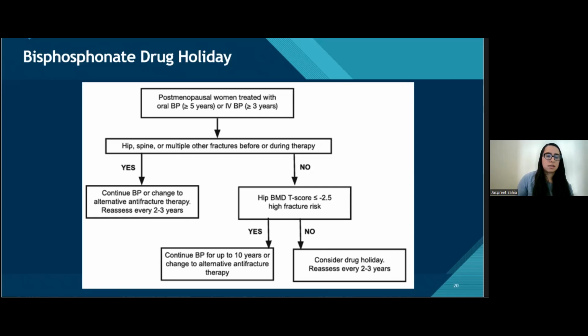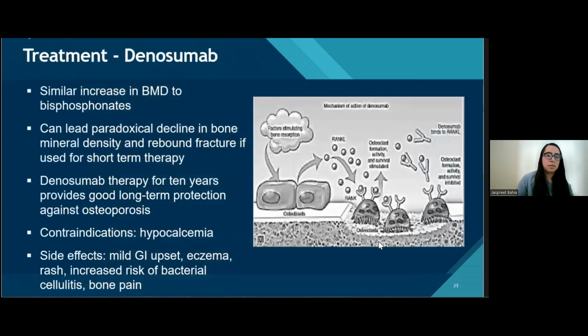Okay, so moving on to other treatments. The next treatment I'll talk about is a medication called denosumab. If you turn your attention to the figure, it goes over the mechanism of action. You have osteoblasts, which secrete a ligand called RANK-L, and RANK-L binds to the RANK receptors on osteoclasts, which help break down bone.